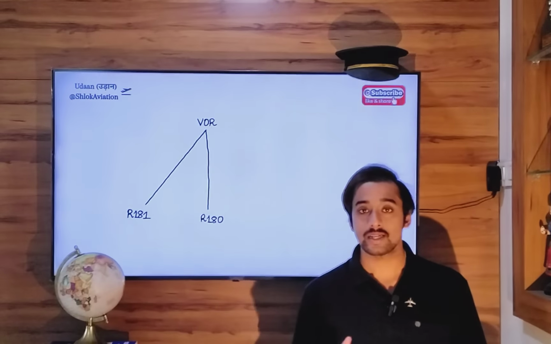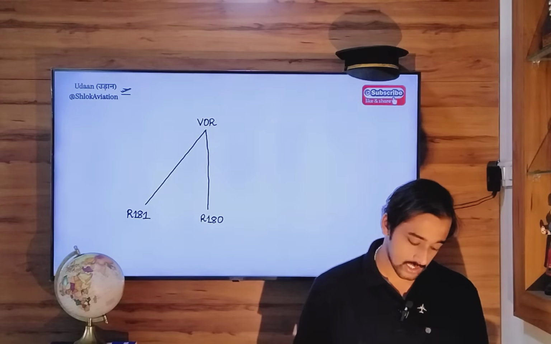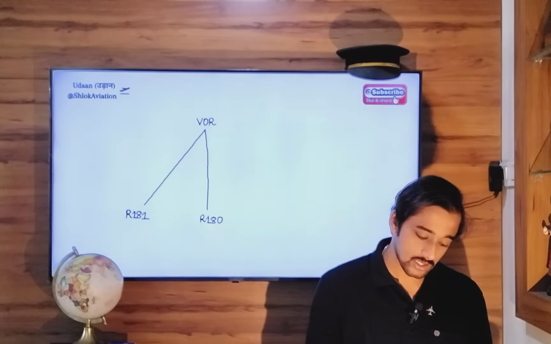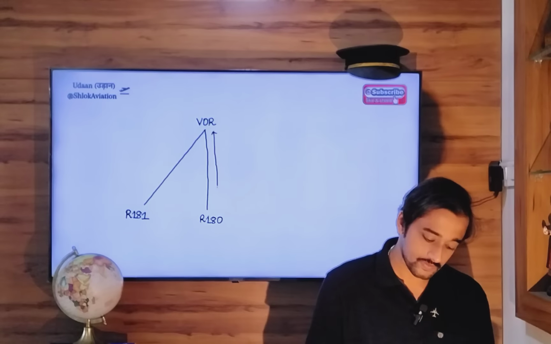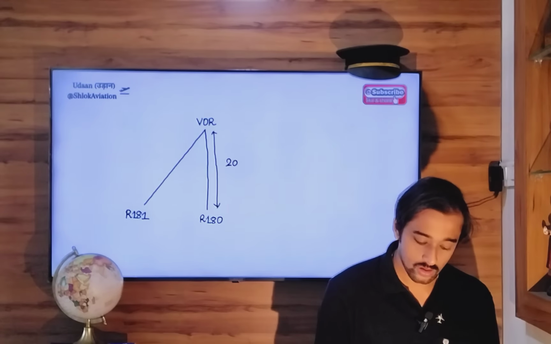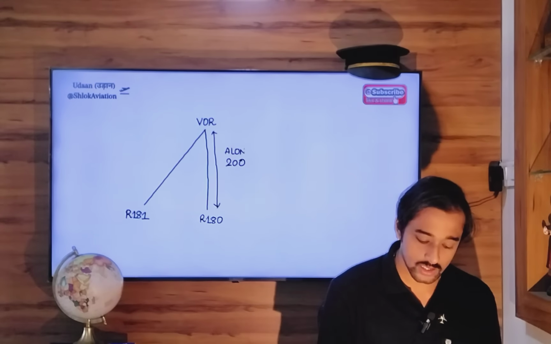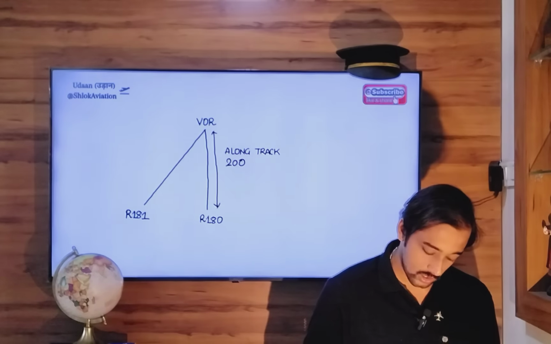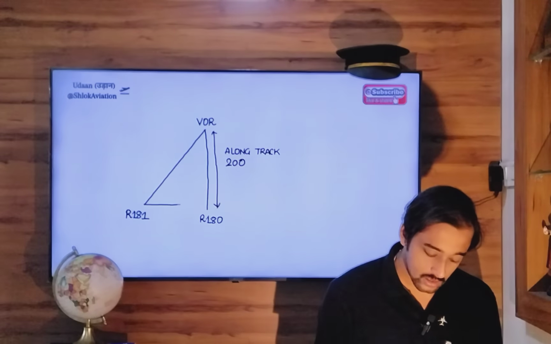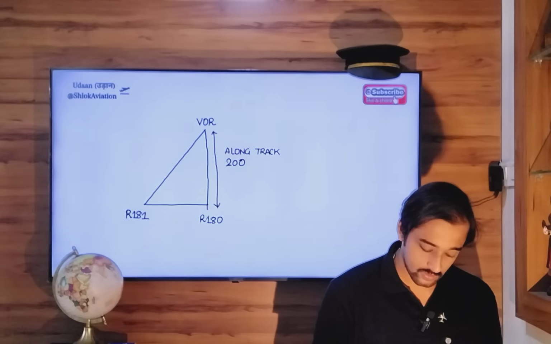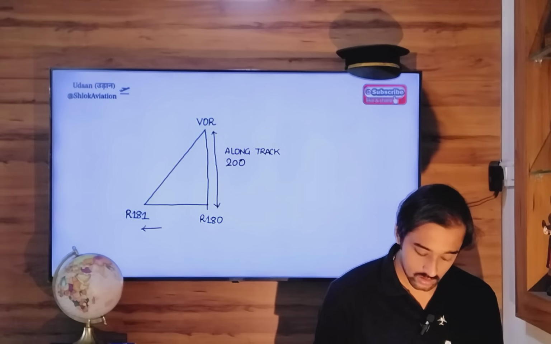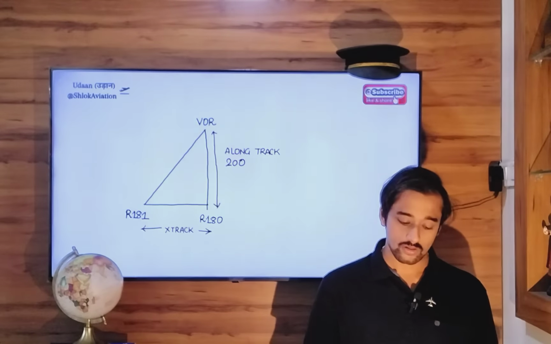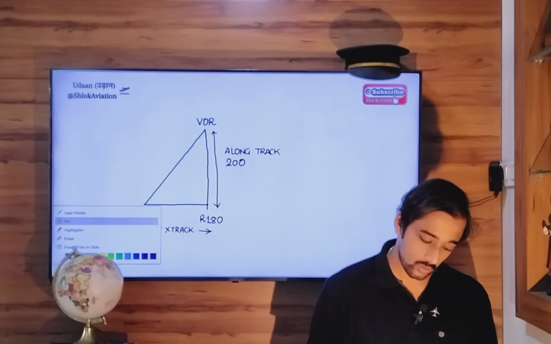We have to calculate the maximum distance, cross track distance between them at a distance of 200 miles. Along track distance is 200 miles. We have to find the cross track distance. Angle is 1 degree.